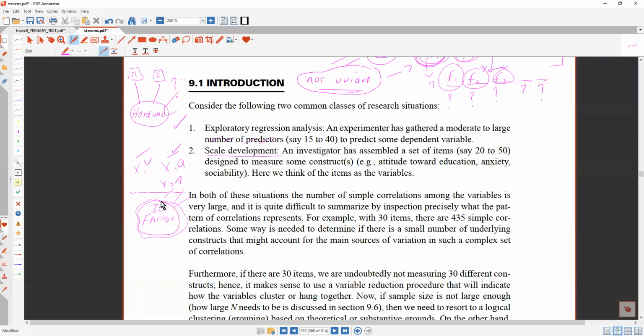The other idea, as we proceed in the chapter, is how do you name this factor? This factor does not necessarily have a name, and that's important. When we see some of the factors that Stevens comes up with, we're going to critically evaluate how we even know that factor exists.